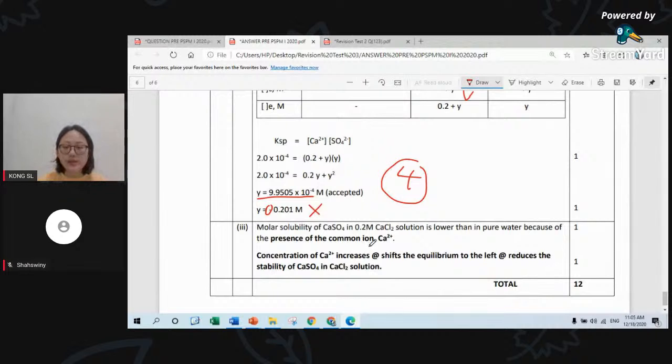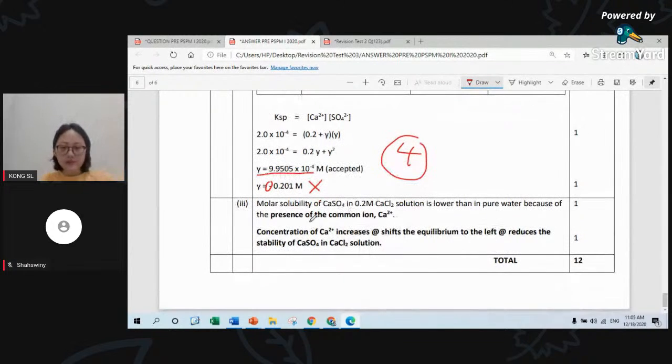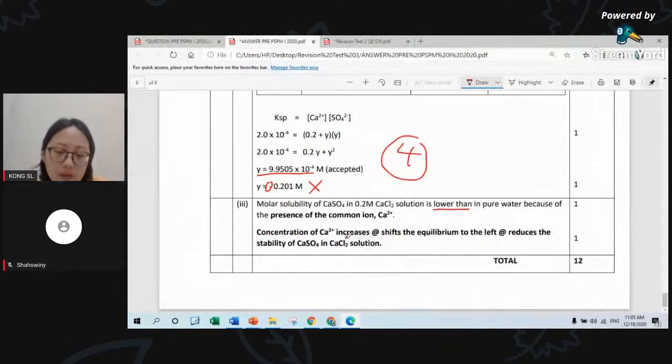Okay, so this is the conclusion. Confirm it is lower. In order to increase the concentration of calcium 2 plus, the system shifts to the left to reduce the solubility. Okay, please jot down.